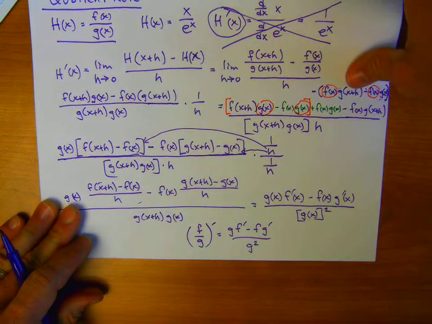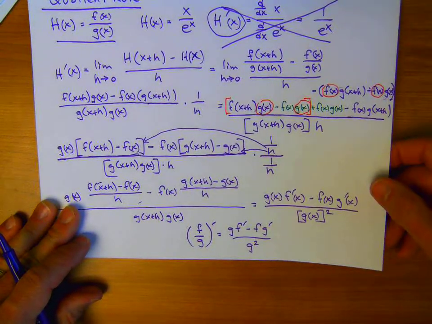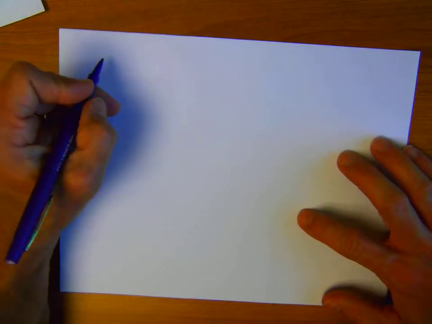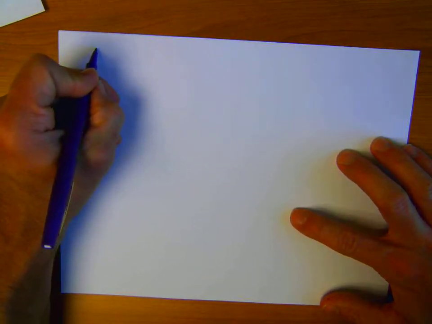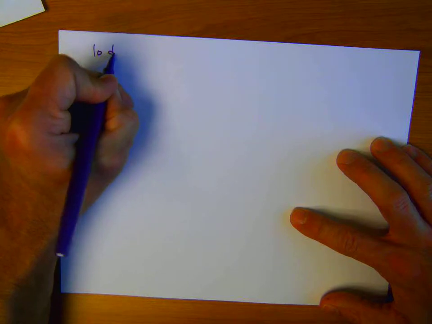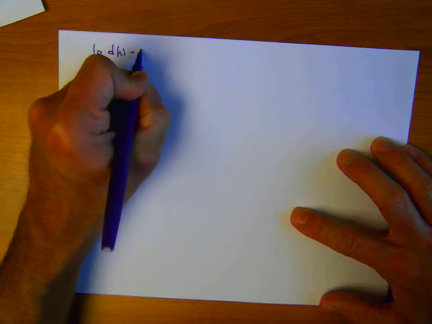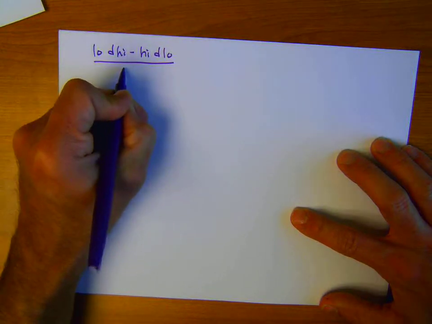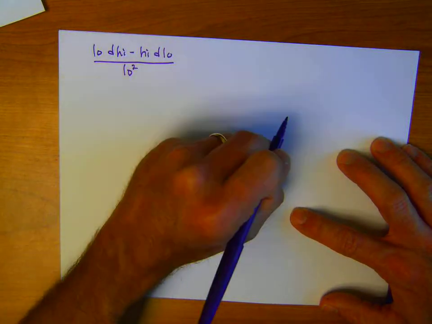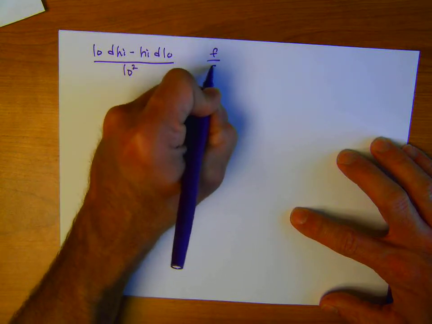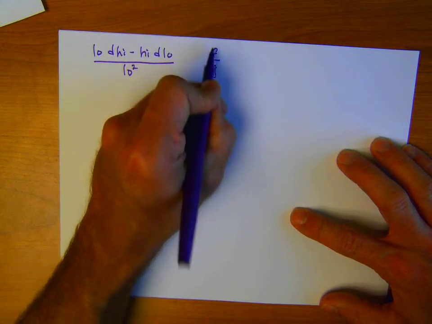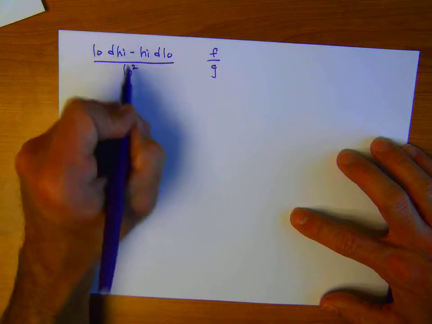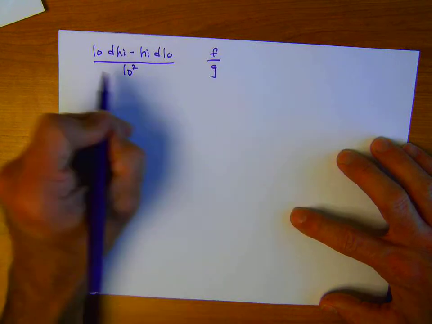A little mnemonic device that some people find helpful is to write it as low d high minus high d low over low squared. If you have f over g, this one's high because it's in the numerator, this one's low, so low d high, where the d represents the derivative, so low d high minus high d low over low squared.